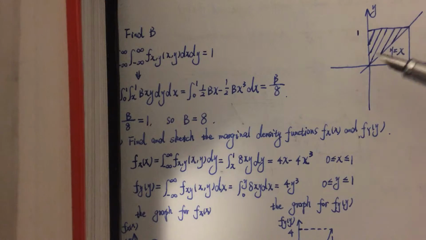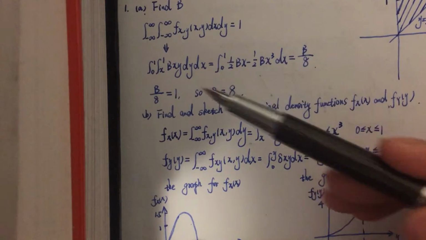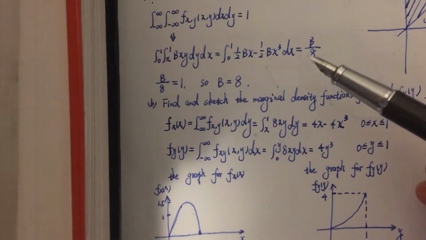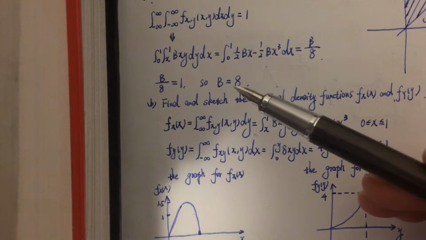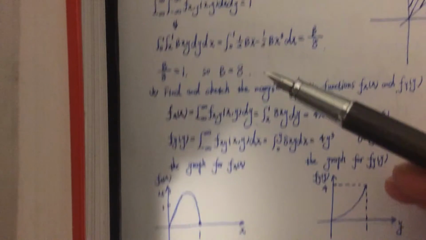After calculation, we get the result is b over 8, and this should be equal to 1. So we get that b equals 8.